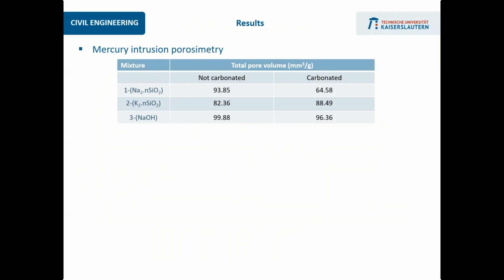As you can observe, the carbonation had a considerable positive effect on the mixtures in which the GGBS was activated by sodium silicate. We observe a huge reduction in the porosity during the carbonation. On the other hand, in the next two mixtures, mixture 2 and 3, no considerable changes in the total pore volume could be observed.